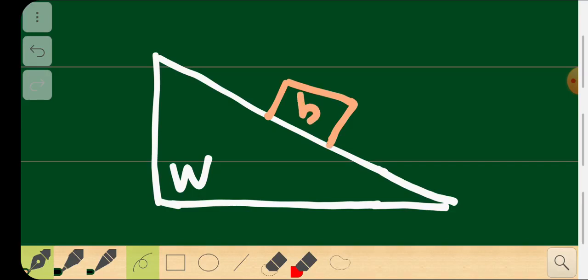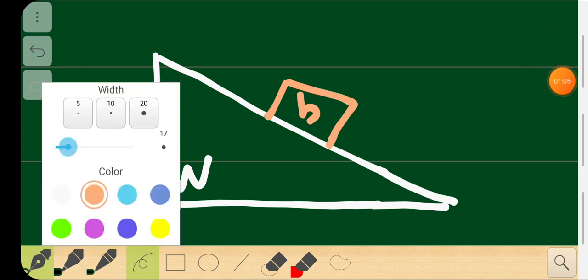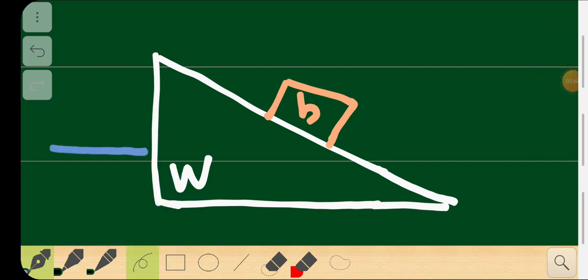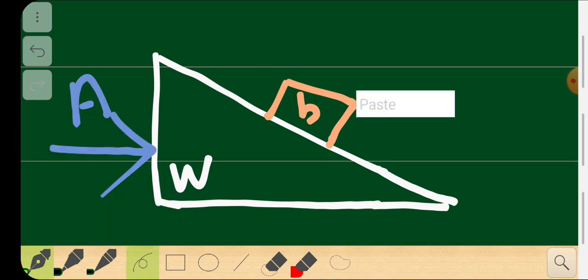Now what I'm going to do is push this wedge, giving some acceleration a to this wedge. If the wedge is pushed, then this box is about to move, and this box will have some acceleration of its own.